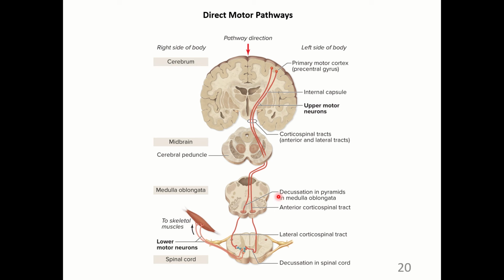Motor neurons can also cross over in the spinal cord. Once crossed over, the motor neurons will then synapse with the second order neurons, which are large motor neurons that then travel to the skeletal muscles.